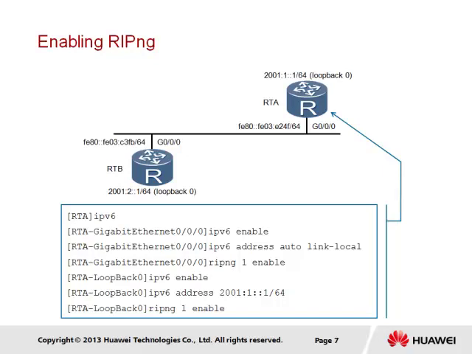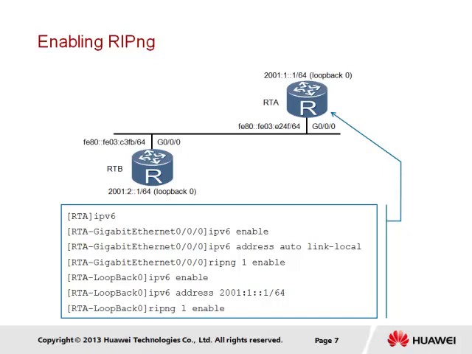In order for such IPv6 global unicast addresses or prefixes to be advertised, the same process is performed. In this case, we can see that an IPv6 global unicast address has been associated with interface loopback 0 on RTA, which is enabled to support IPv6 and manually configured to use the address 2001::1/64, and for which the interface is enabled to support RIPng.